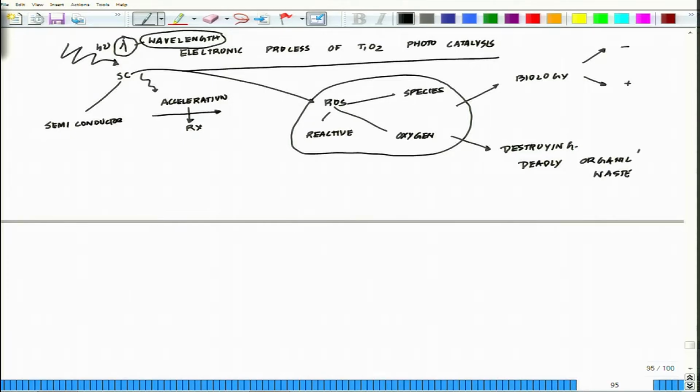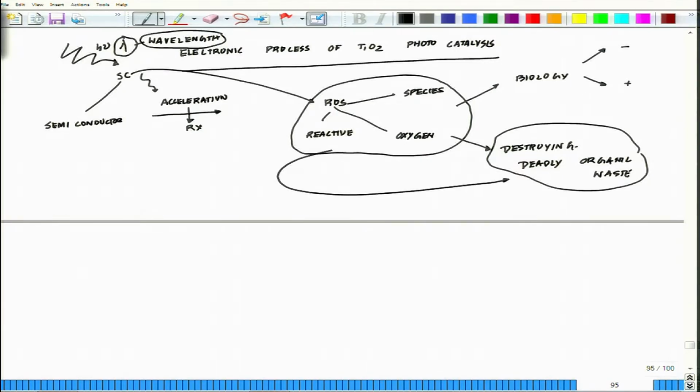So, this ROS on a different fragment could be used for a totally different purpose. Now, coming back to the mechanism what we are talking about, which can lead to the photocatalytic transformation of a pollutant. Here we are talking about that whole pollutant disposal aspects of it.